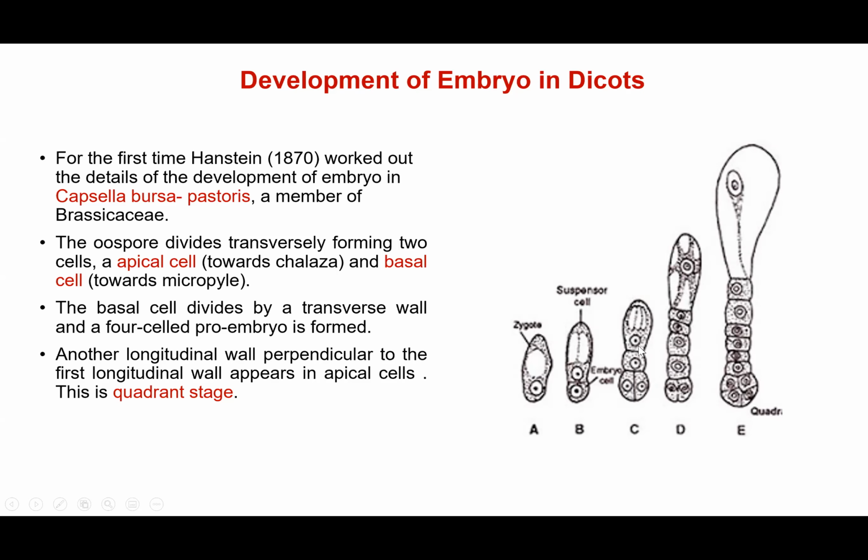Then more divisions happen to form a structure like this. All these divisions are mitotic divisions. There are no more meiotic divisions.